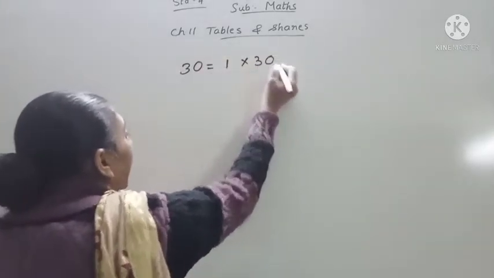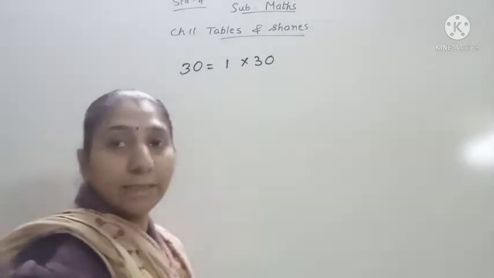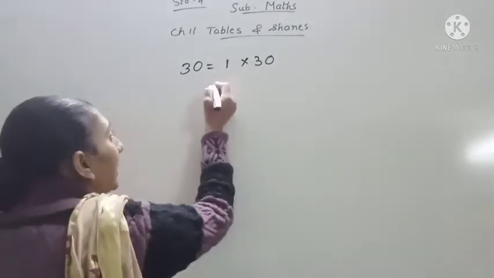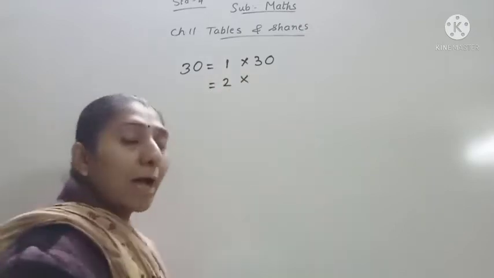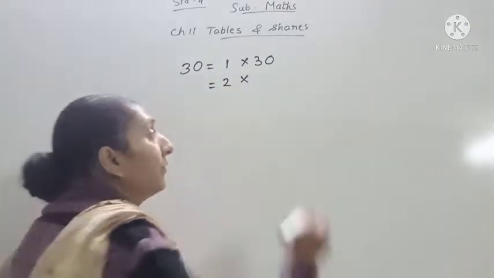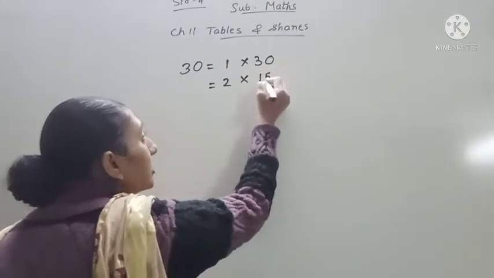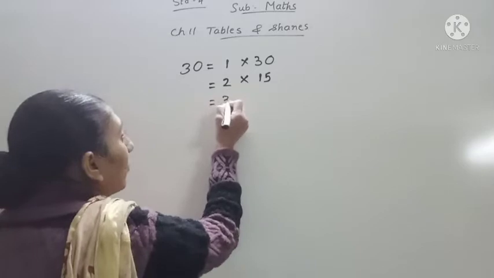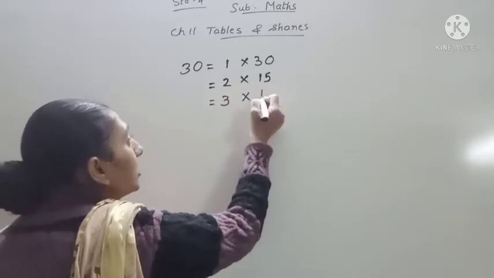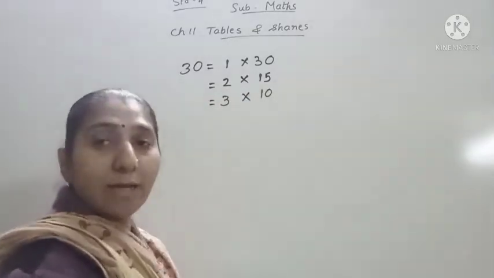In one row how many jars will we keep? 30 jars. Then the other method is 2 rows. In 2 rows how many jars will there be? 15 jars in each row. Then if we make 3 rows, how many jars in each row? 10 jars.